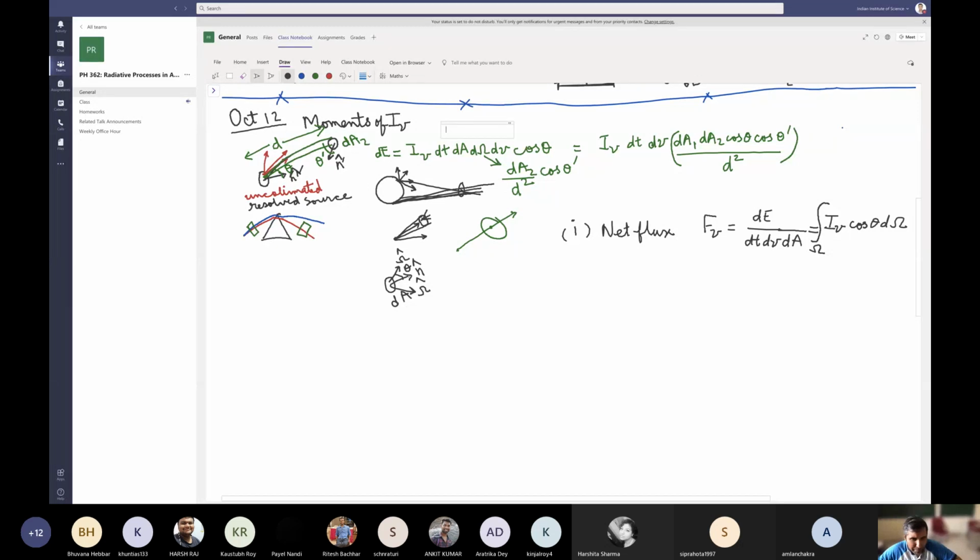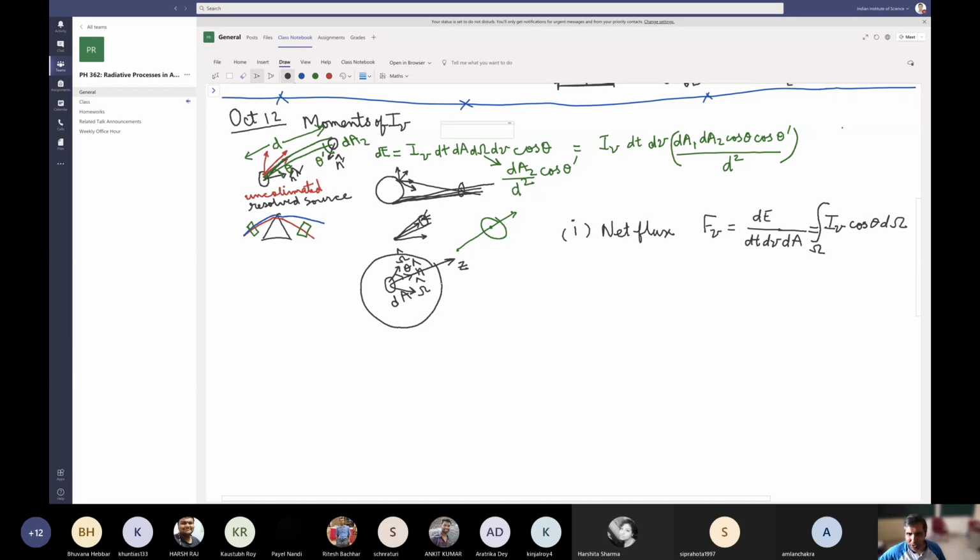Your n hat is like your z-axis, and you consider spherical coordinates around it. The angle between z hat and r hat is theta, and then you have phi. This is the definition of net flux.